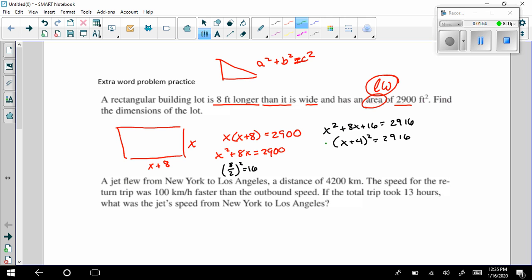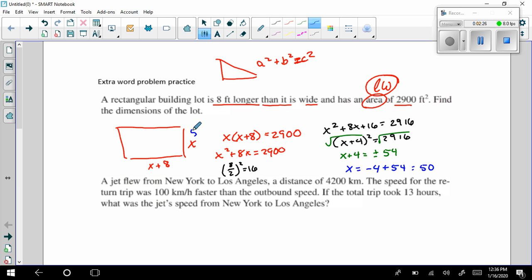You take the square root of both sides. Because this is a word problem, go ahead and actually take the square root of 2916. You're going to get a lot of decimals and fractions with these types of problems. That's okay. This one we actually don't. x plus 4 is equal to plus or minus 54. Because we're dealing with length, the minus isn't really going to be helpful to us. So negative 4 plus 54 gives us 50.